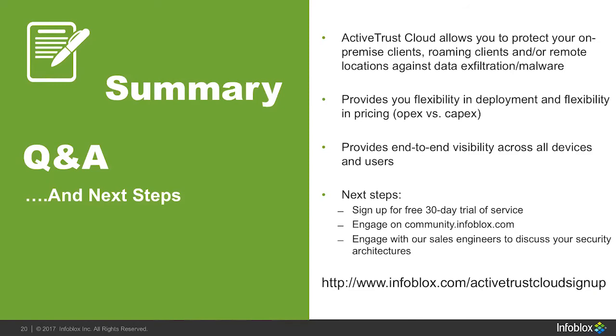It provides you with flexibility in deployment, and the differentiation that Infoblox provides in working with not only ActiveTrust Cloud and DNS security, but also leveraging for DDI-based network customers of Infoblox, bringing some of that rich metadata into the threat reporting and remediation process to really help expedite and make teams productive.